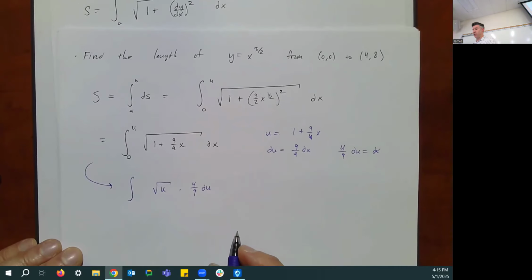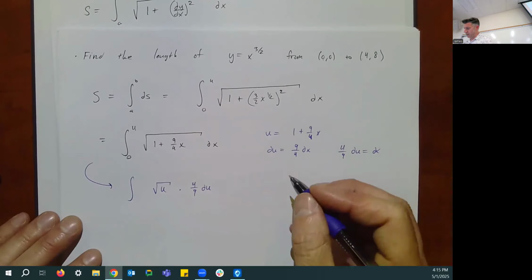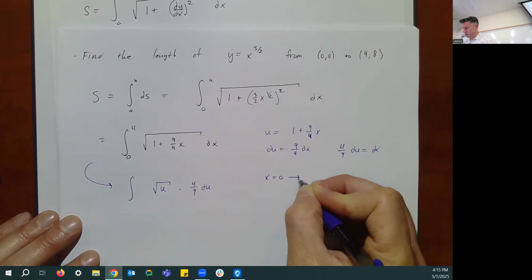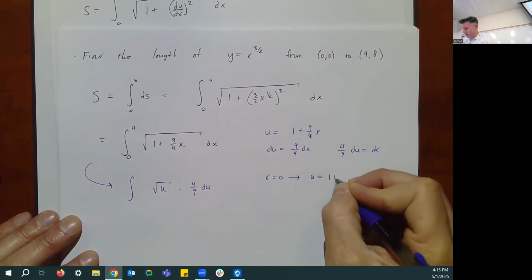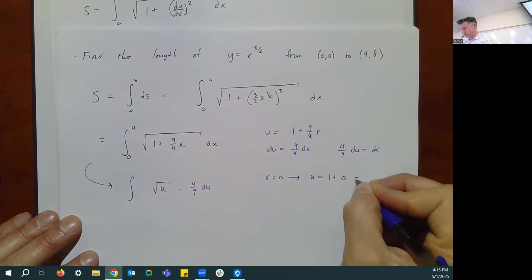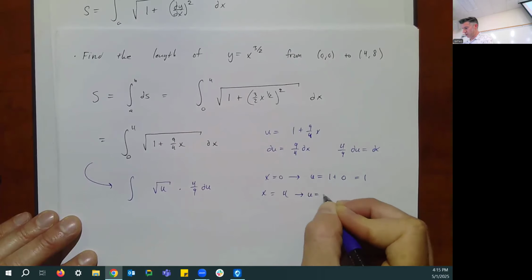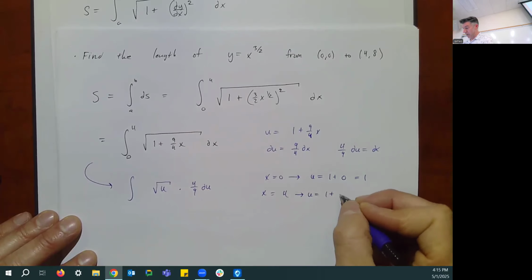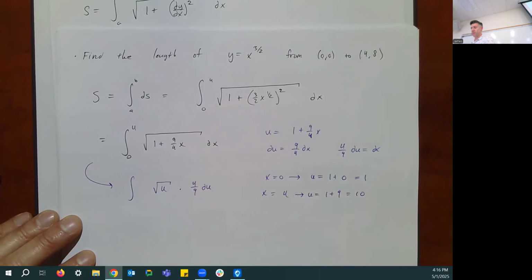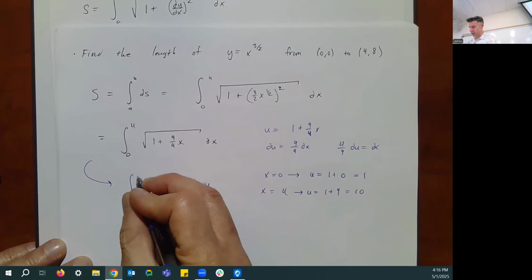And I'm going to change my limits of integration. If x is 0, u is going to equal 1 plus 0, which is 1. If x is 4, u is going to equal 1 plus 9, which is 10. So my new limits of integration are 1 to 10.